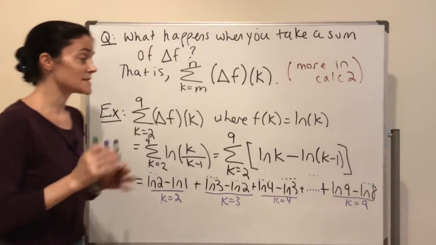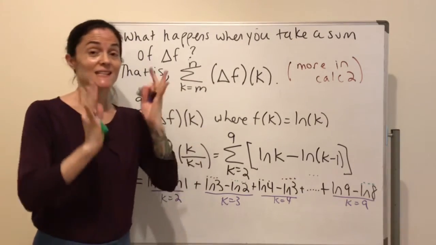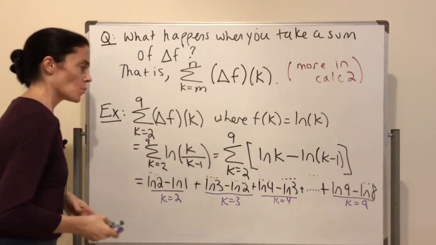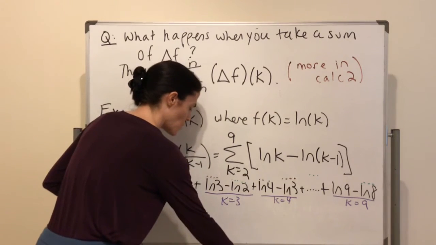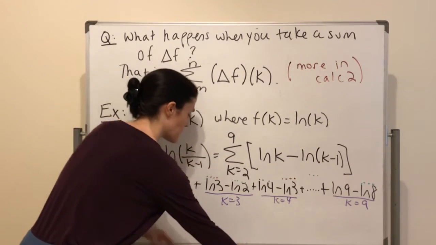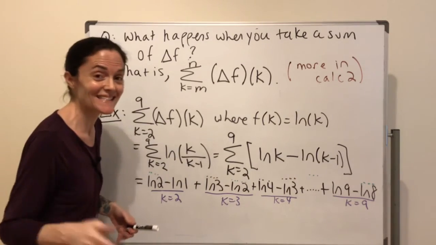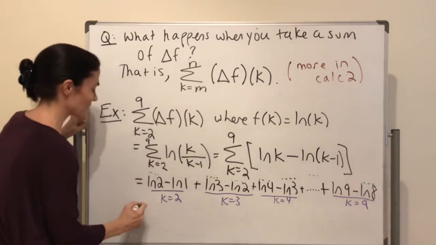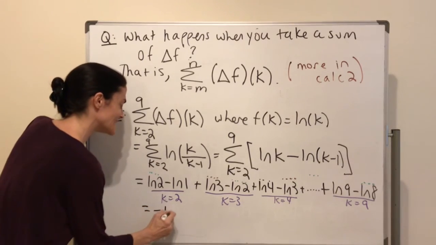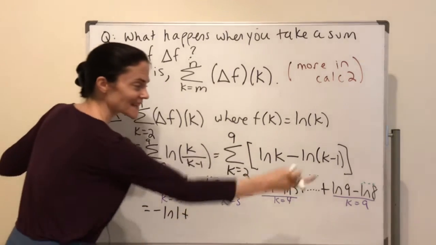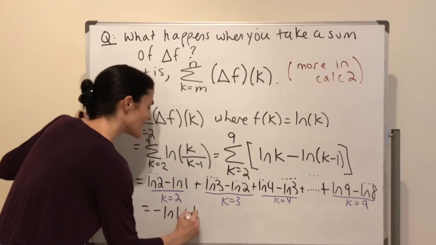So all of this stuff in the middle is adding to 0. What will not add to 0 will be, we have this minus ln 1. Well, ln 1 is 0, but it doesn't add with anything else, so maybe I will write it. And then in the very last term, we have an ln 9.